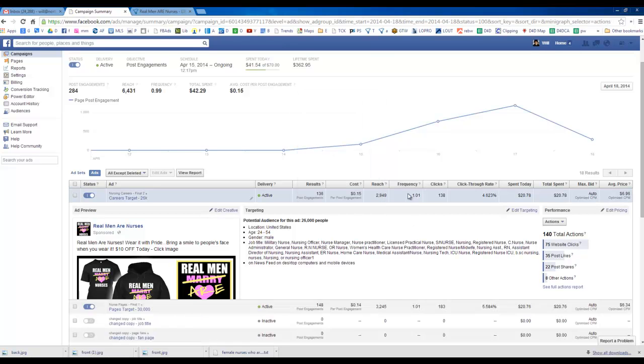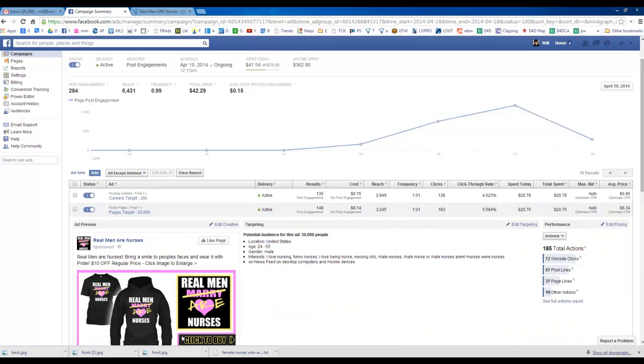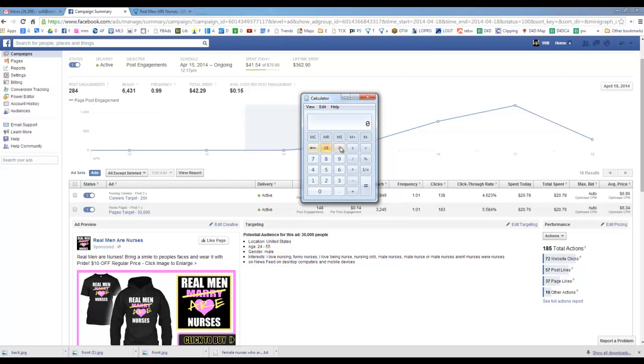And then let's see our other one. 27 cents there, and this one is 20.76. Look at that, Facebook's doing a good job of splitting our traffic here. So 20.76 divided by 72. So 27 and 28 cents. They're running pretty close to each other.